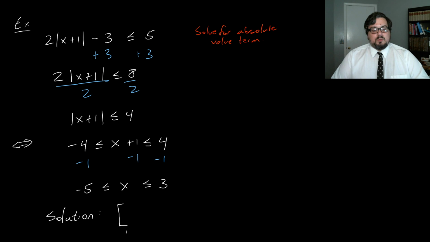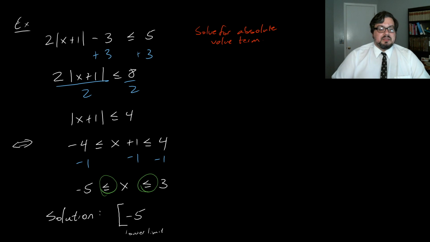We want to say, what's the lower limit on x? What's the limit for how small x can be? And that's -5. X has to be greater than or equal to -5. So -5 is the smallest x can be. And because that's a less than or equal to symbol there, we'll use the square brackets to indicate that -5 actually is a solution.